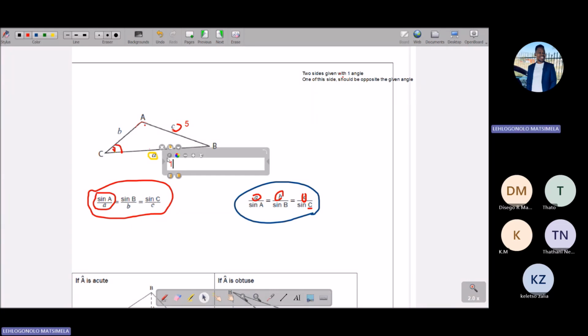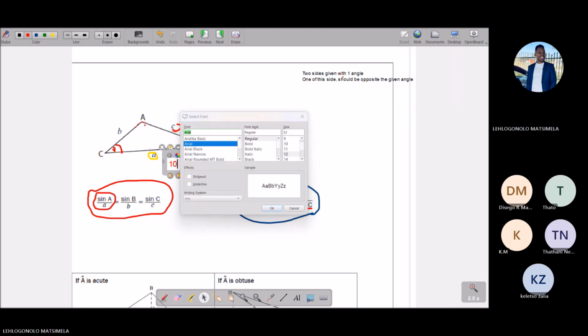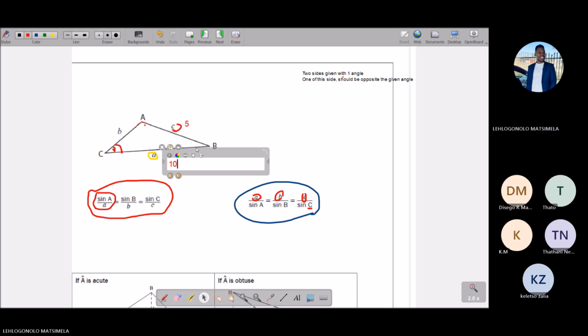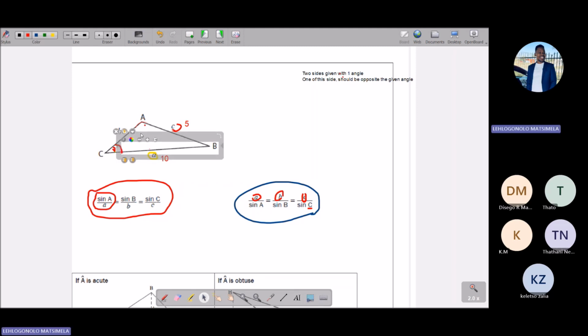Sure everyone is with me. A is equal to 10. And then the angle given at C, let's say maybe it's 56. Just an example, 56 degrees.